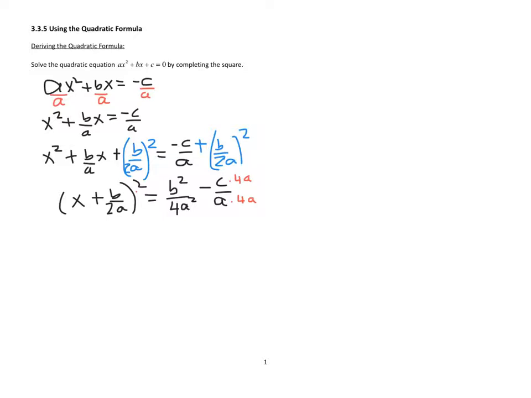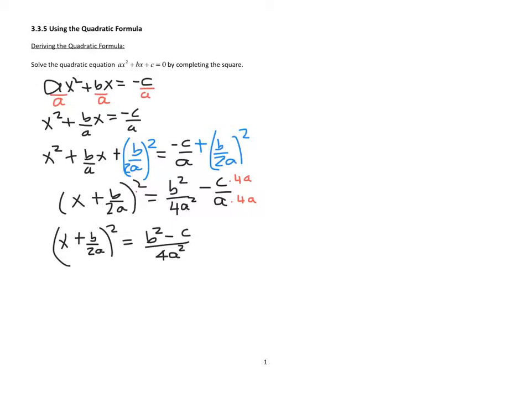So on the next step, I still have x plus b over 2a squared is equal to b squared, and then I'm just going to put everything together because I have the same denominator, 4a squared, and then I'm going to use the square root property and take the square root of both sides.